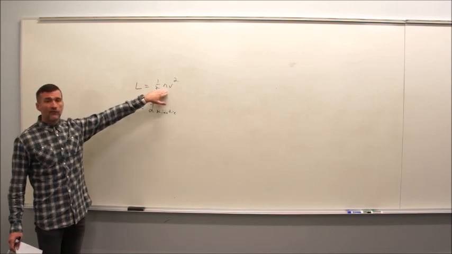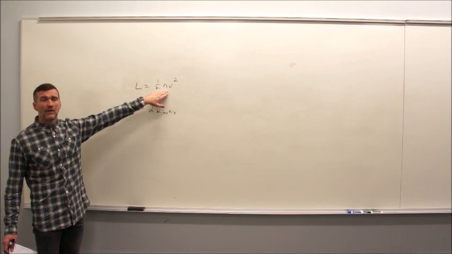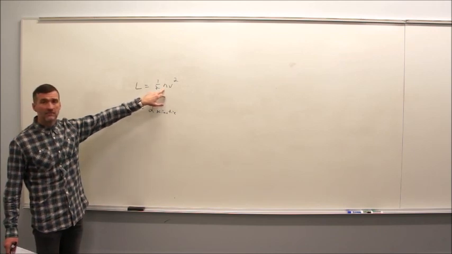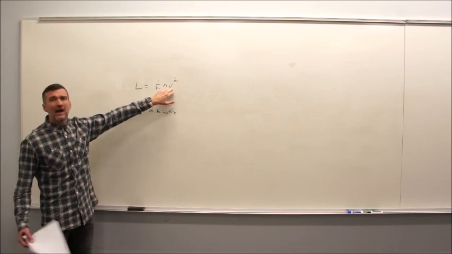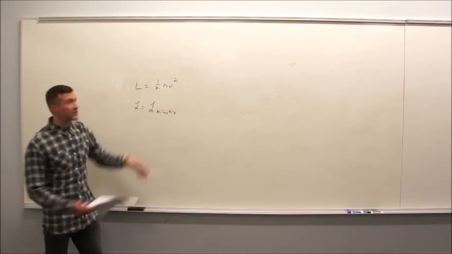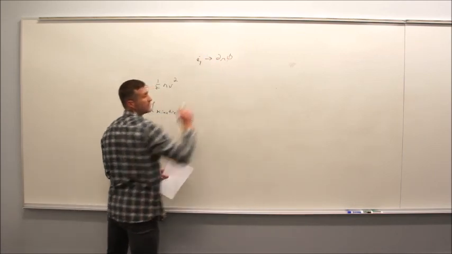Is this going to work for relativistic fields? No. First of all, we can have massless fields in relativity, so that term is going to really screw things up. And secondly, we don't have velocity. We have the derivative of the field. Because remember, we replace q dot with d mu phi. Okay?